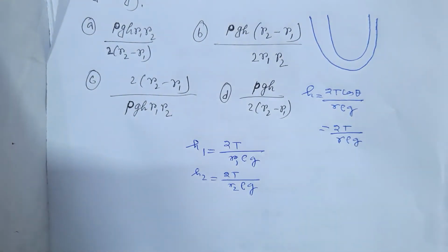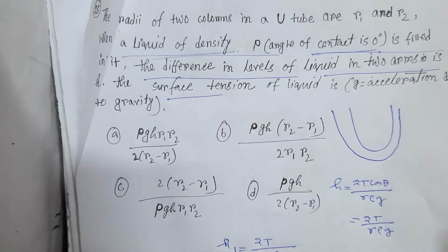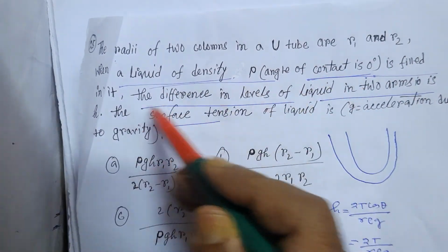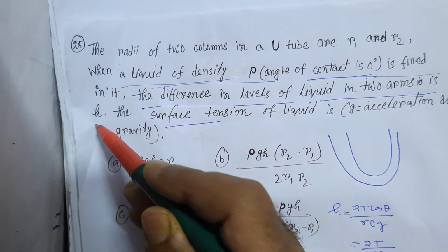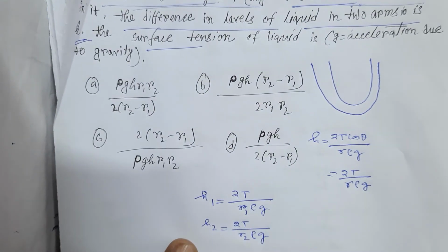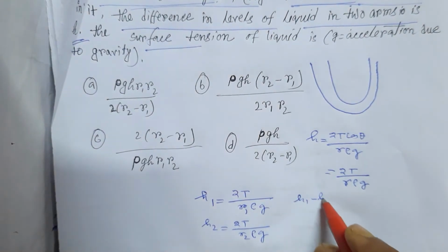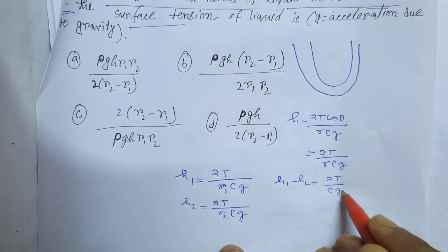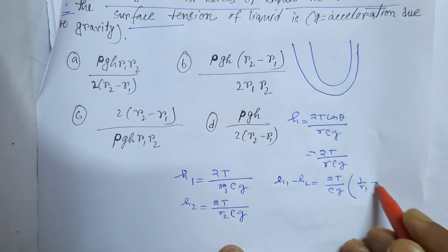We are to calculate the surface tension. Now the difference in level in the two arms is H. So the difference in level of the two arms, H1 minus H2, let it be H, equals twice T by rho G into 1 by R1 minus 1 by R2.